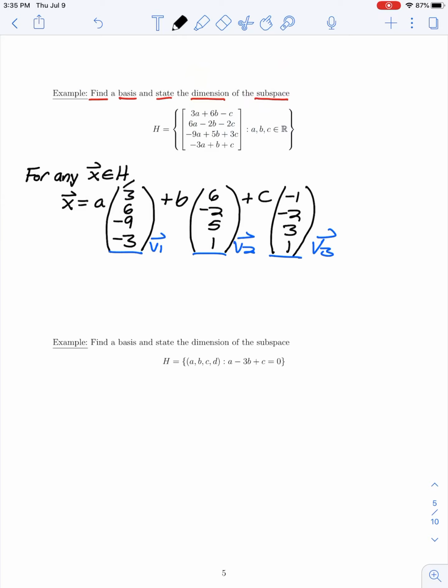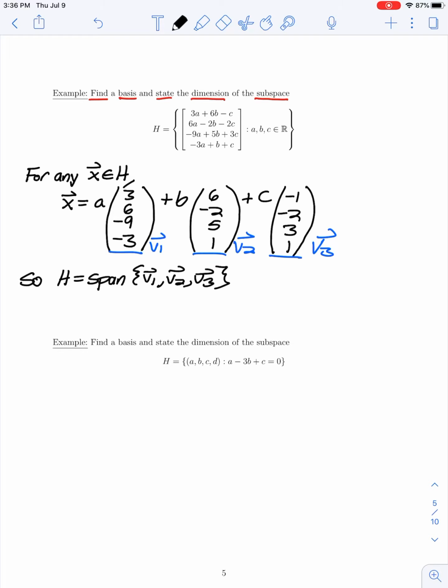So the entries of V1, V2, and V3 are the coefficients of A, B, and C in the components of this general vector x, taken from our subspace H. So we can say here that H is equal to the span of this set of vectors V1, V2, and V3.